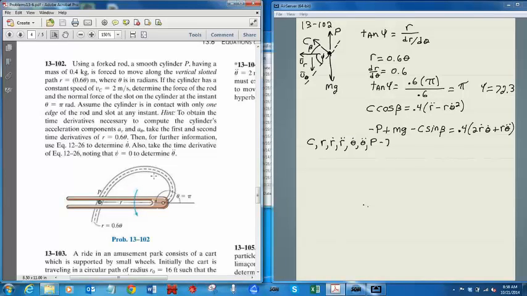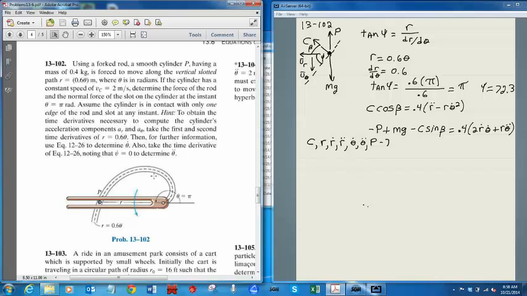I should be able to find r, because I'm given the speed, which is a single dot term. I ought to be able to find all of the terms that have single dots. And because I'm told that the speed is constant, that's a double dot term.